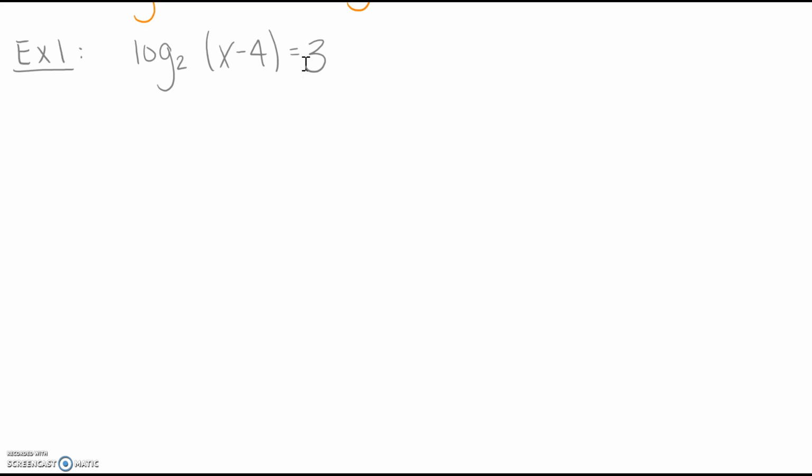This is using the rule of rewriting it as an exponential function. So if you remember, we can rewrite this as 2 cubed equals x minus 4. 2 cubed is 8, and then we'll just add 4 to both sides, so we know that 12 equals x.